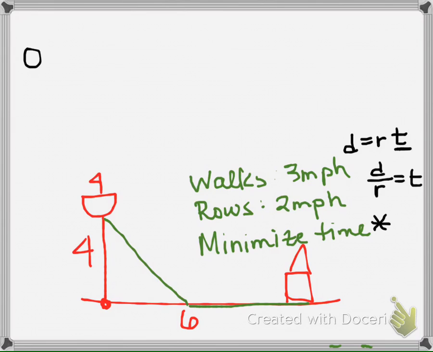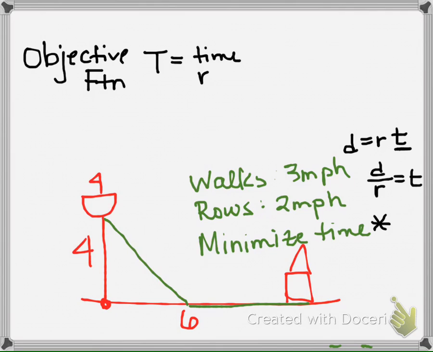So in my objective function, I am trying to minimize the time, which is going to be the time rowing plus time walking.